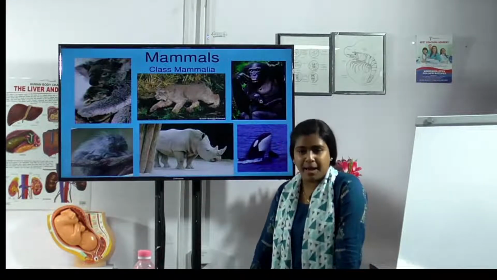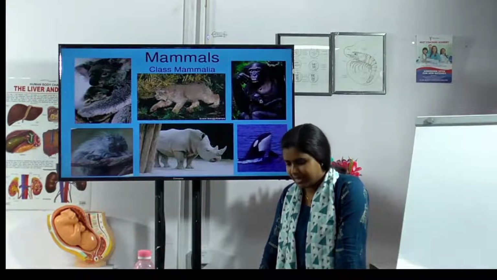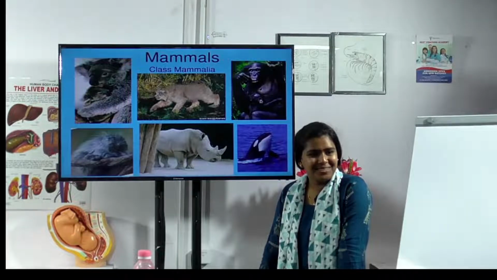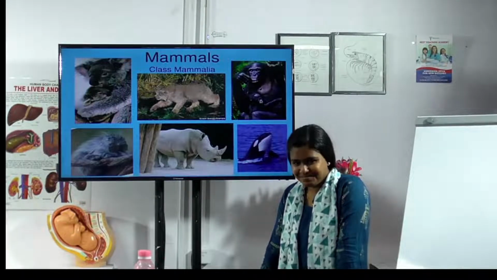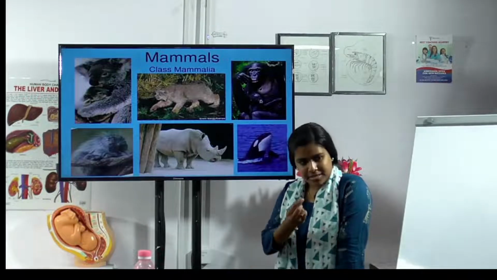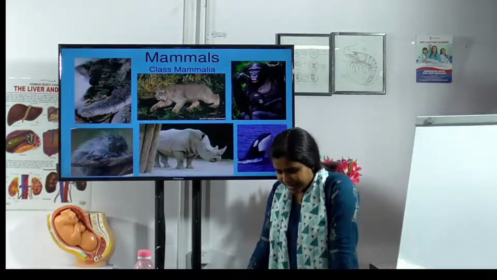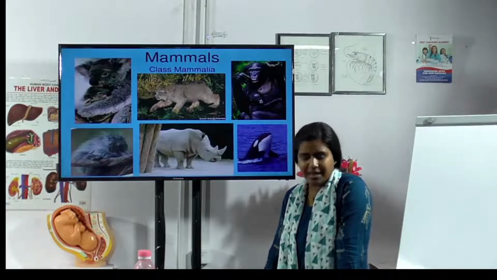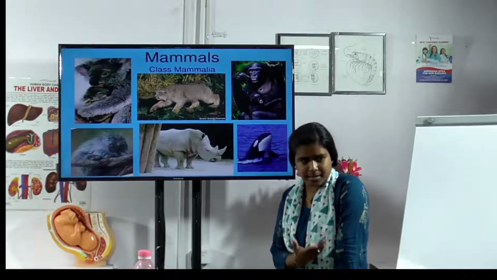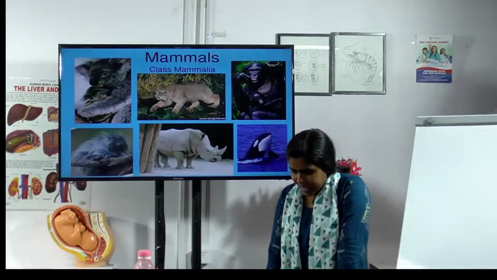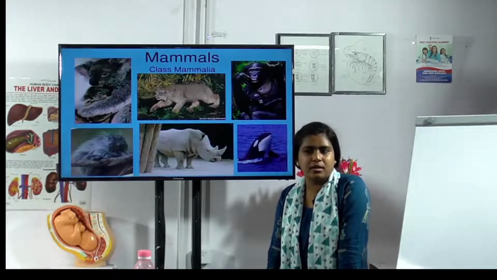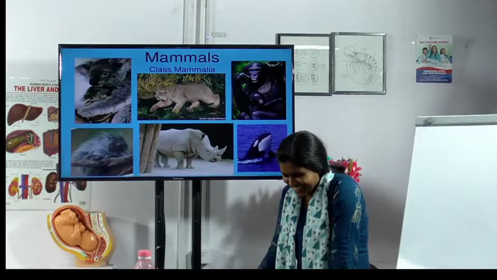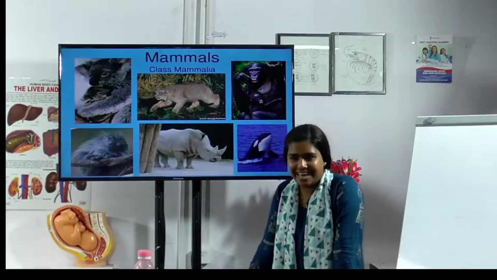Where do they live? Habitats include land, forests, mountains, deserts, and some have adapted to fly or even live in water. The body is divided into head, neck, trunk and tail.